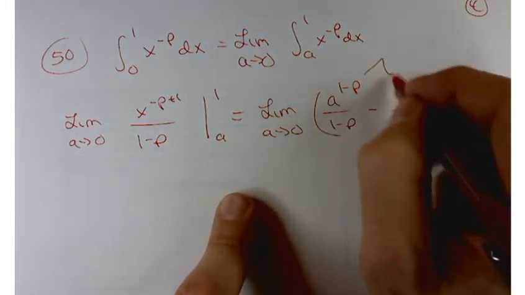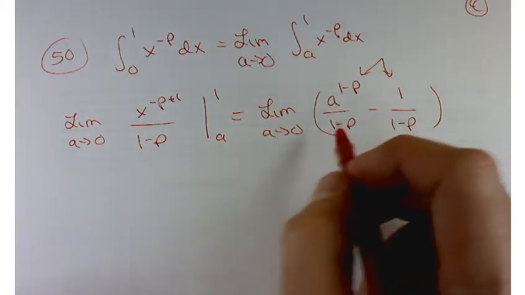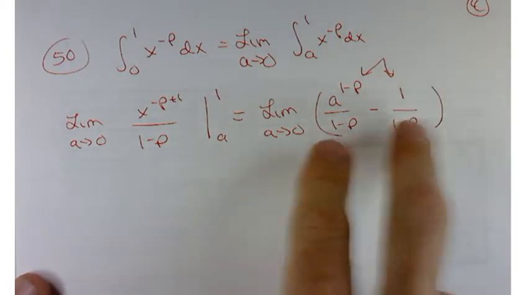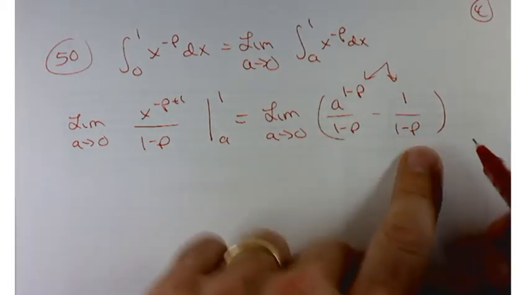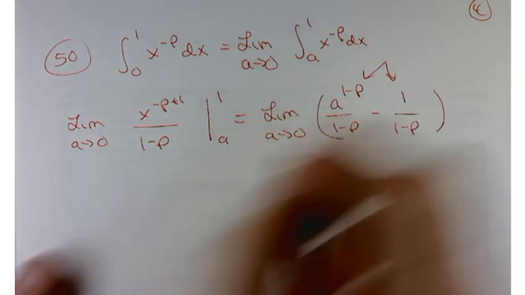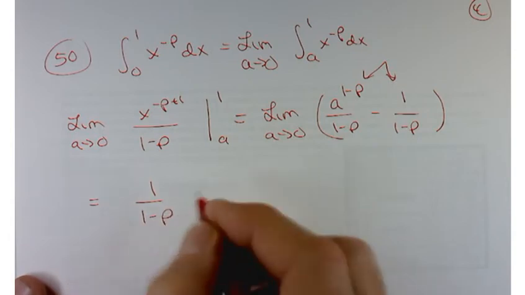So the order is mixed up. The limit as a approaches 0, this one's going to be positive, and this one's going to be negative, but it's going to be 1 over 1 minus p.